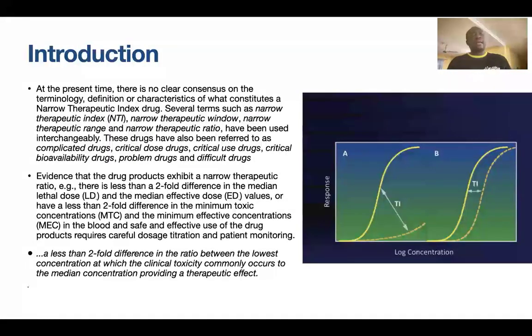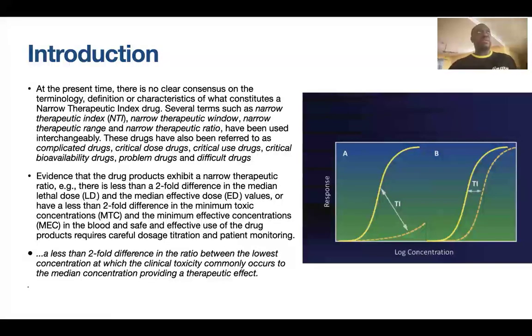At this time, there still doesn't exist a consensus across the practice areas for what constitutes a narrow therapeutic index drug. In fact, even the terms are different depending on what it is being used for. For example, some researchers, especially those in clinical research, refer to them as drugs with narrow therapeutic range.